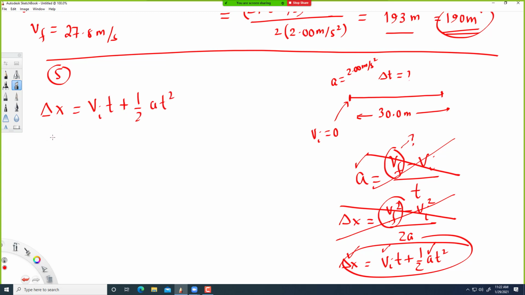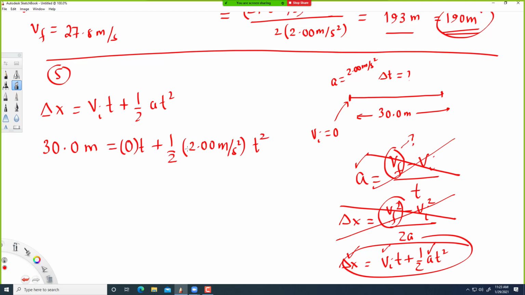So we want to cross the distance of 30 meters with initial velocity of 0 in time, some time t, which we want to find. Okay, 0 times t plus 1/2. We are accelerating the car at 2.00 meters per second squared, and then time is t squared.